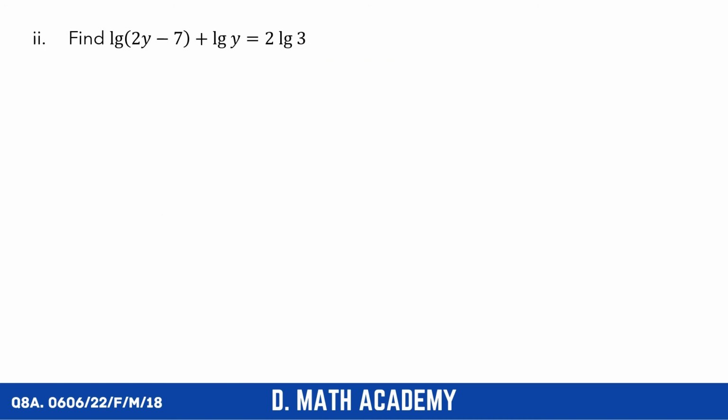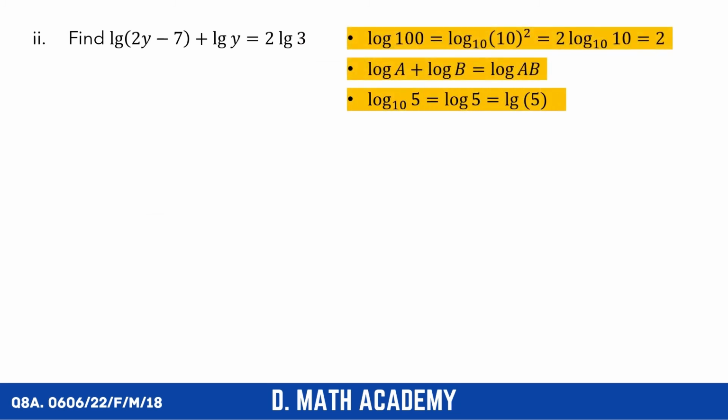So all you need to do is to get rid of the 2 at the front, shift it back into power. And the relationship for the two variables at the front is plus. It will be interpreted as multiplication. So we now have log y multiplying with 2y minus 7 equals log 3 squared.